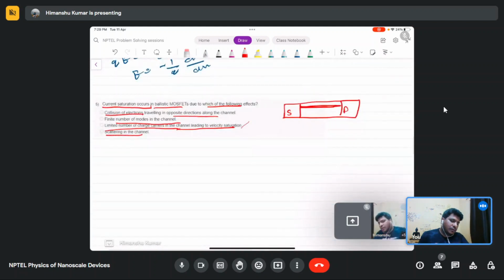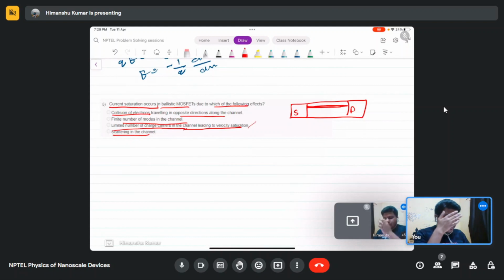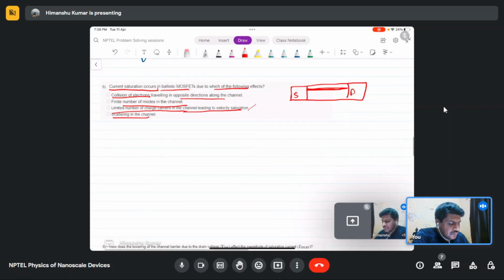So if we describe the transport model based on our classical assumption, the velocity should not saturate at all. But even in the ballistic MOSFET, the velocity saturates.